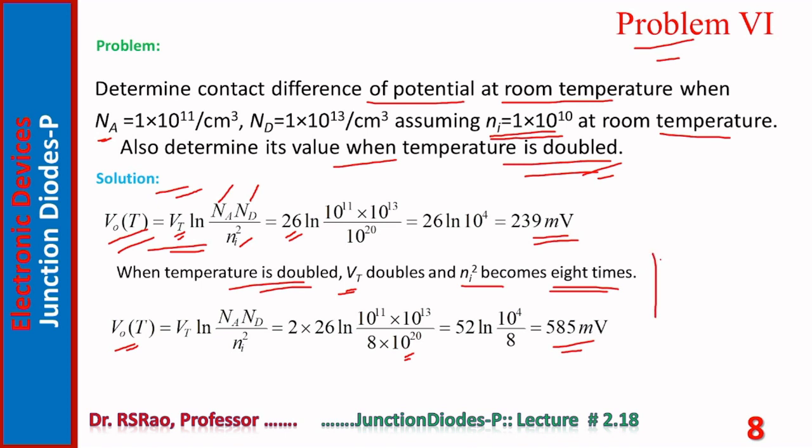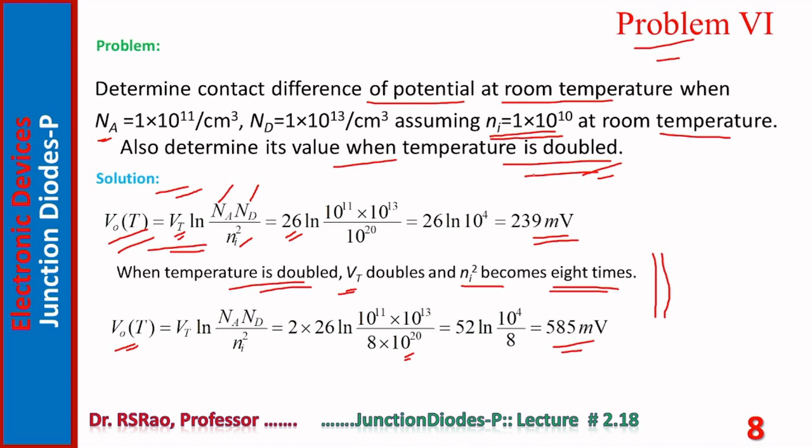Before going further, one aspect is to be mentioned. Ni square also depends upon semiconductor gap voltage, which changes with the temperature. So change in temperature also causes change in gap voltage, which leads to change in intrinsic carrier concentration.